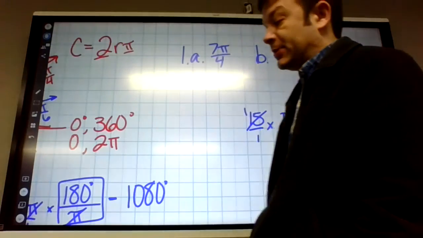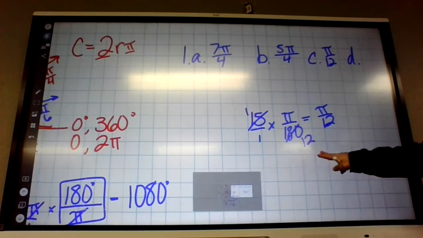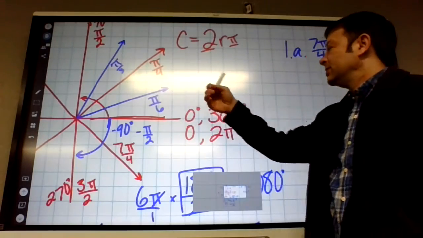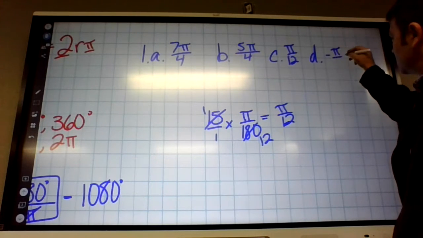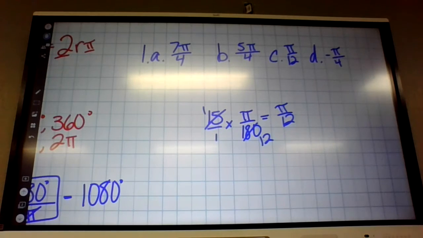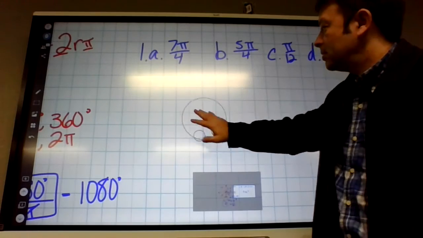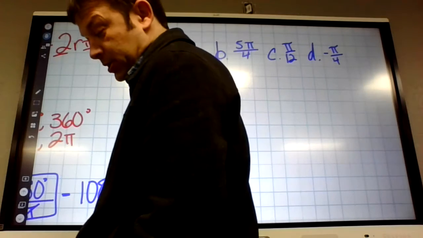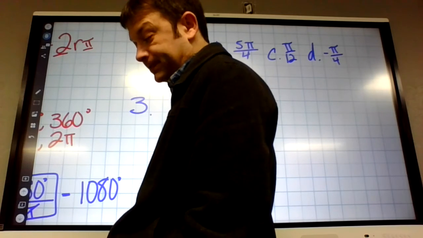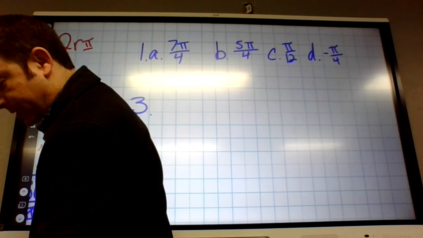Negative 45. You guys might remember that 45 degrees was pi over 4. So negative 45 is just going to be negative pi over 4. Negative 120. Well, if you flip back and look at 120, that's probably the easiest way.